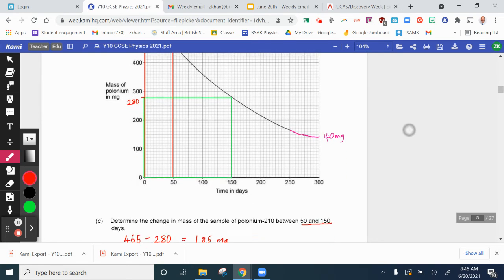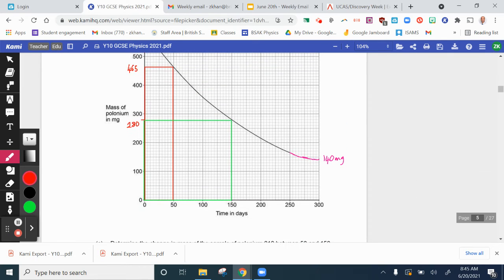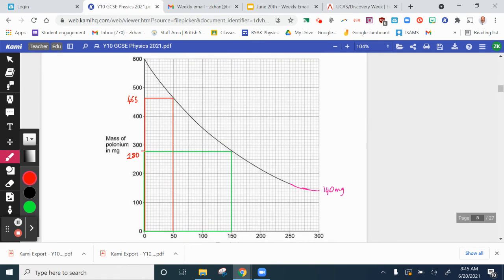And what we've got here is the first part to determine the change in the mass of the sample between 50 and 150 days. So how much radioactive material is left when we go from 50 days. 50 days, we've got 465 grams of radioactive material.